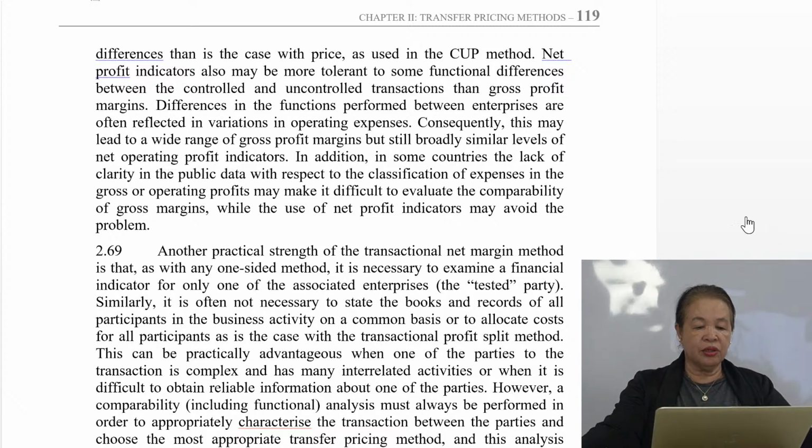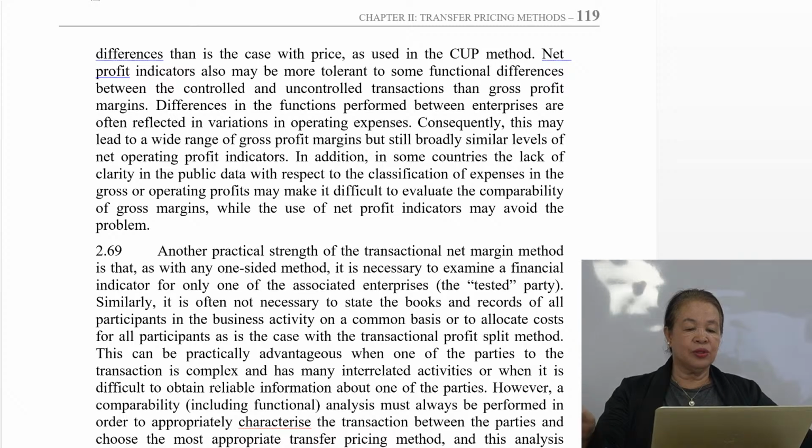So in addition, in some countries, the lack of clarity in the public data with respect to the classification of expenses in the gross or operating profits may make it difficult to evaluate the comparability of gross margins, while the use of net profit indicators may avoid the problem.